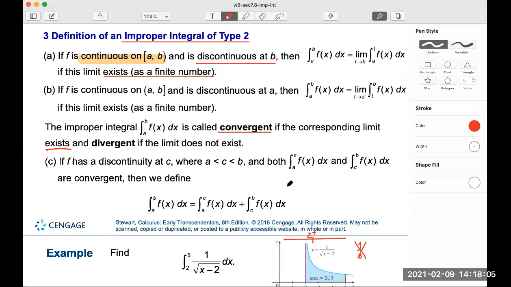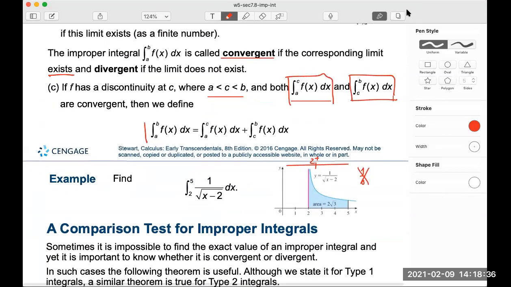And similarly, if this discontinuous point c is between a and b, and both improper integrals of type 2 here exist, which means they are convergent, then we can write this integral as a sum of these two things.